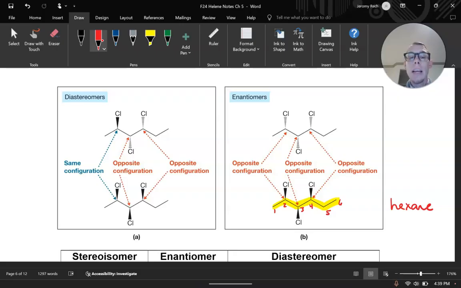In the case of an enantiomer, every one of those needs to change. So if it was an R, it must change to an S in the other molecule that we're comparing it to. So here on the top one, we see that all of our wedges became dashes. So those 2 molecules, the one on the top and the one on the bottom, are going to be enantiomers. All of them have different stereochemistry.